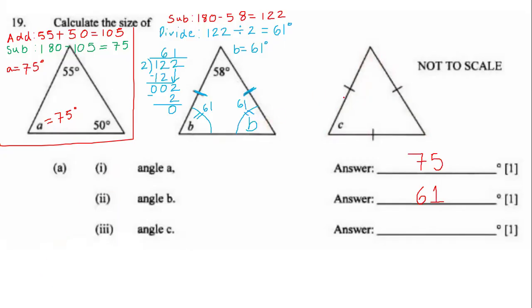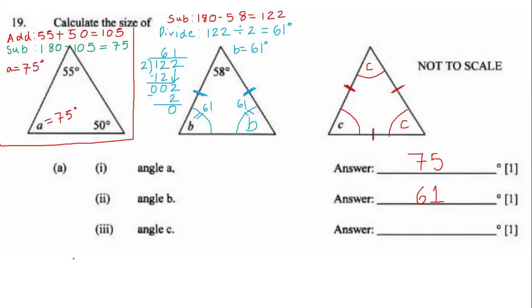All sides are equal. Notice that this side, right here, the same line here, tells you that all three sides are equal. That means all the angles are equal, so this is C, this is C, this is C. All of them should be equal to each other.